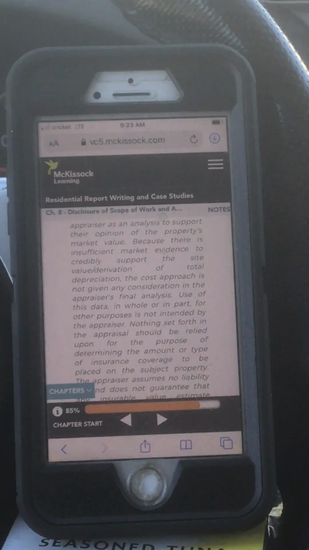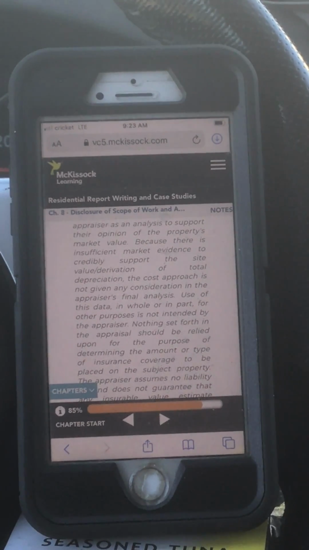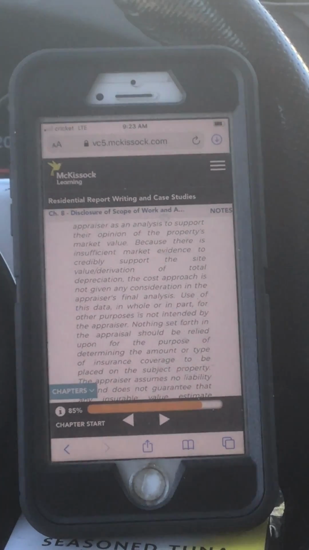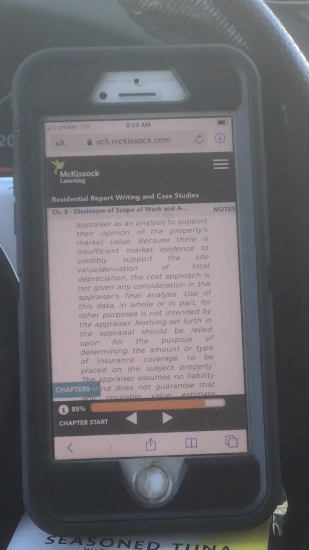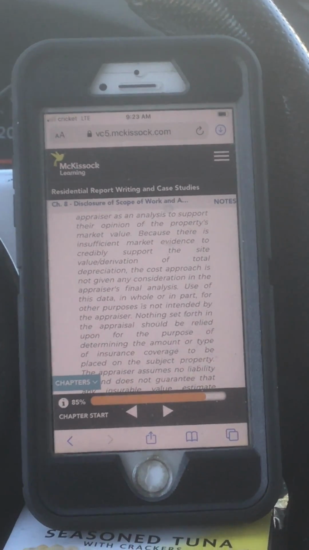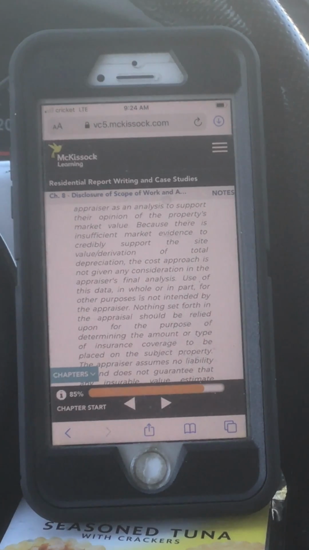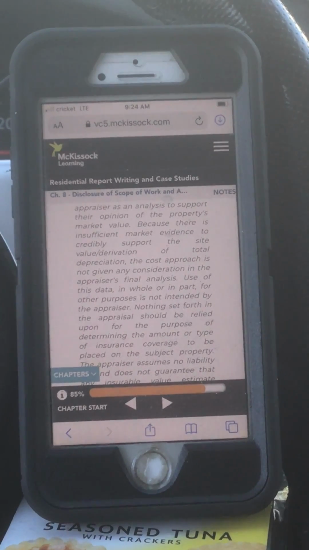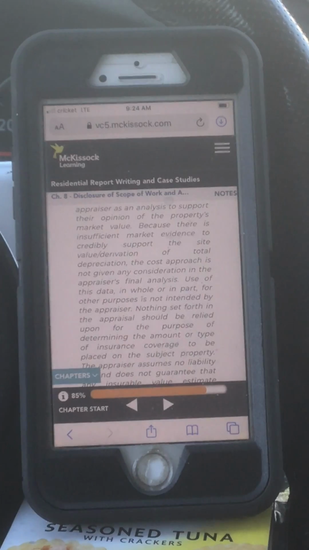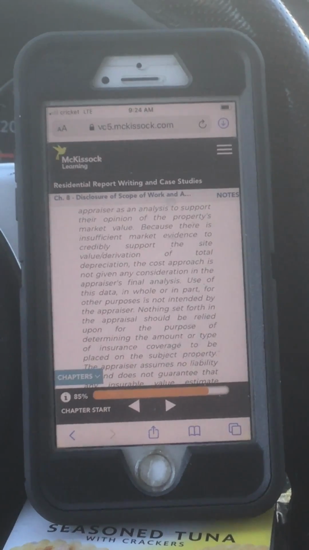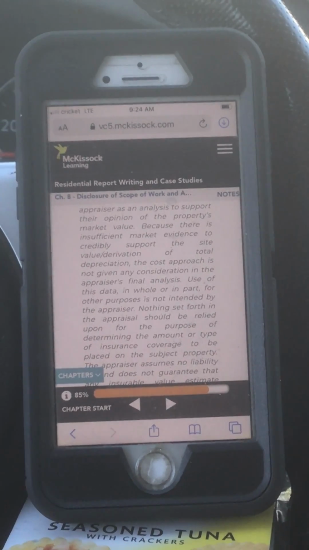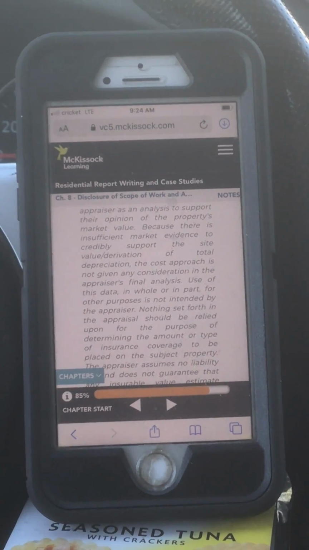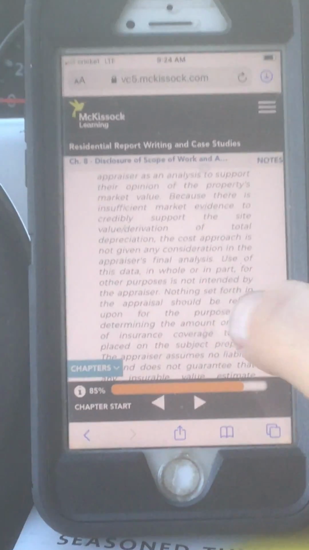Use of this data in whole or in part for other purposes is not intended by the appraiser. Nothing set forth in the appraisal should be relied upon for the purpose of determining the amount or type of insurance coverage to be placed on the subject property.